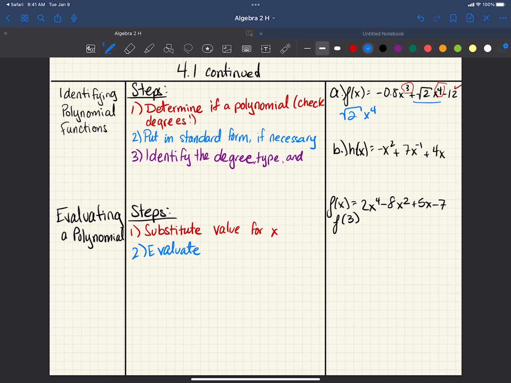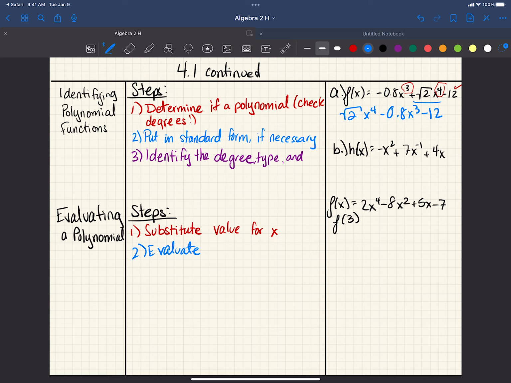That is the only requirement for the coefficients. The coefficients have to be real numbers. So the square root of 2, although I don't remember if it's a repeating or if it's one of the irrational numbers, is a real number. So remember, if it were a negative 2, then we would not have a polynomial. So I'm going to just keep going.